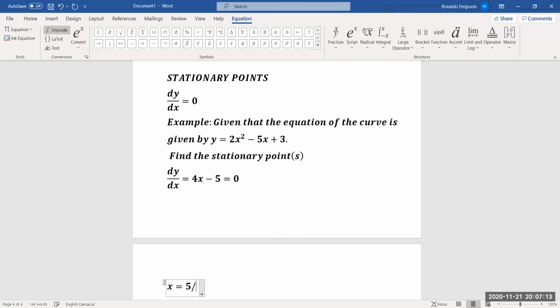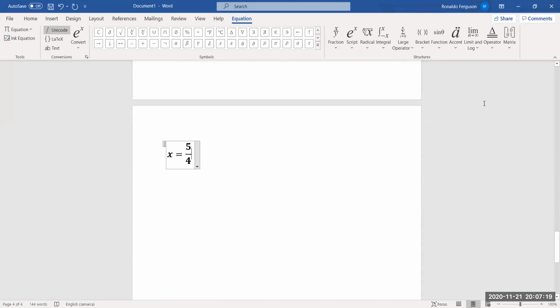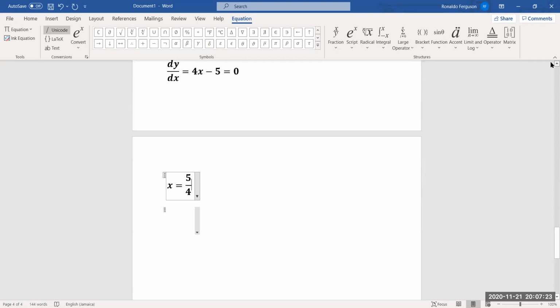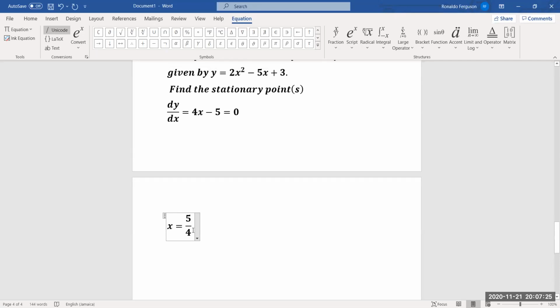And so x equals 5 over 4. Yes, nice. But this is just the x coordinate. We need to find the stationary point. So what is going to be the point? How do we find the stationary point?